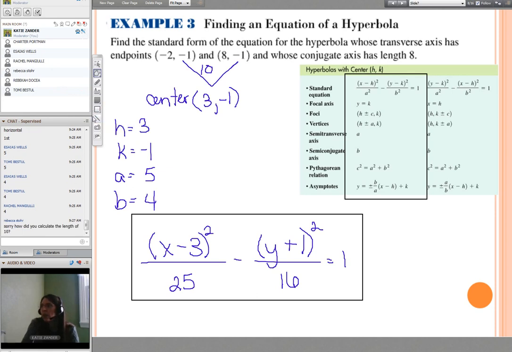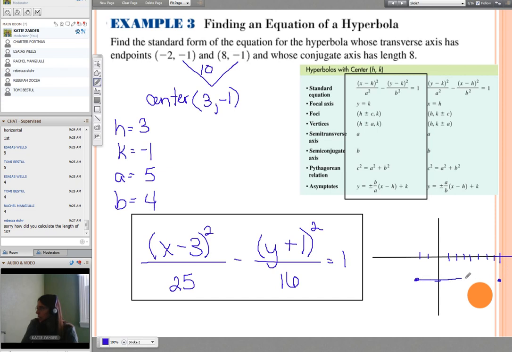Yep, if you can't see it algebraically, it helps to visualize what's going on. For me, it might help to actually graph those points. So (-2, -1) is right here. And then 8, 1, 2, 3, 4, 5, 6, 7, 8, so (8, -1) is over here.